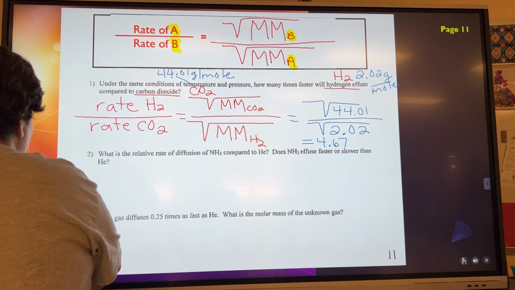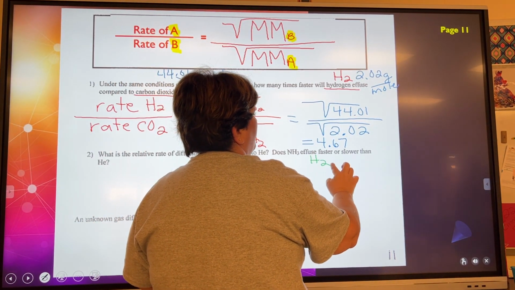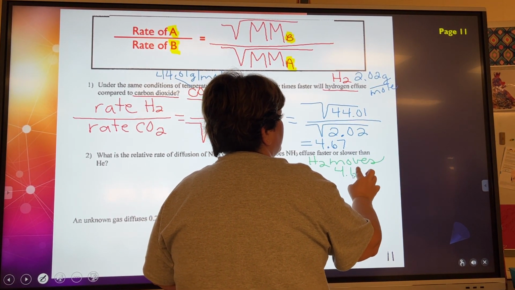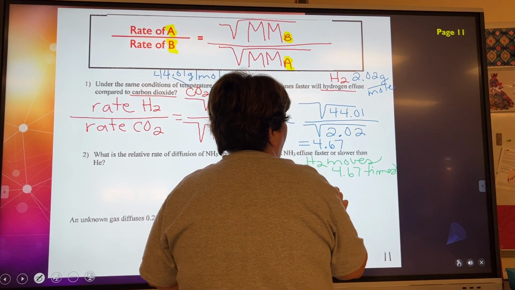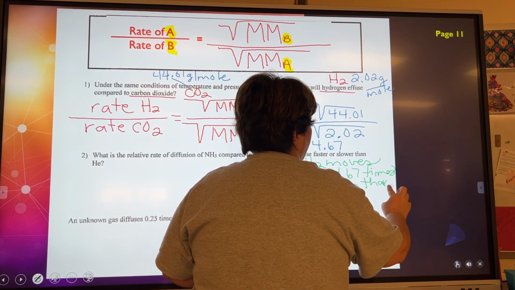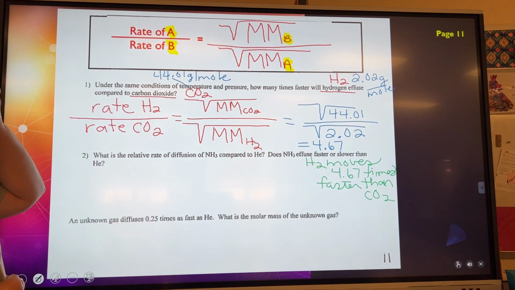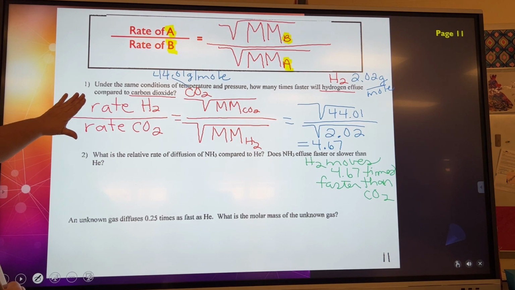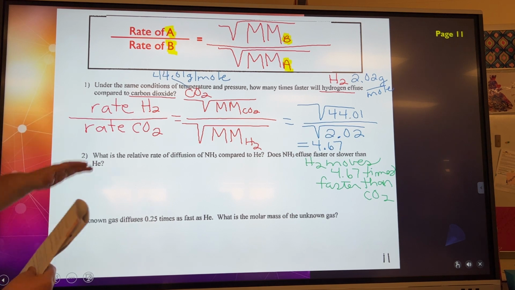So that is saying that hydrogen moves 4.6 times faster than CO2. So sorry I wrote that a little bit big in there for you. Okay, so if they're asking how many times faster, right, I'm comparing the rates. So that was number 1 on page 11.